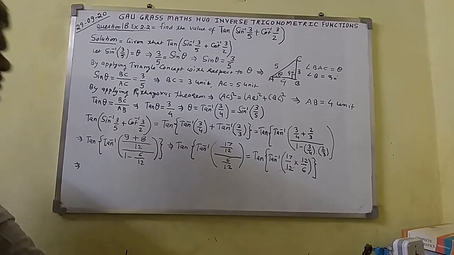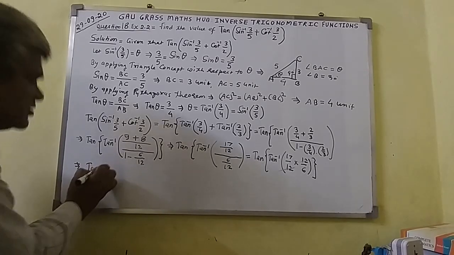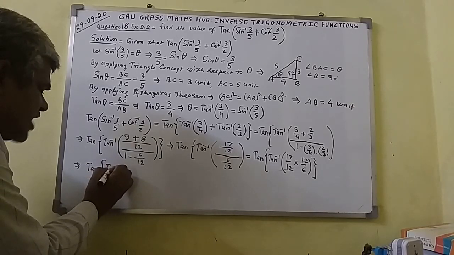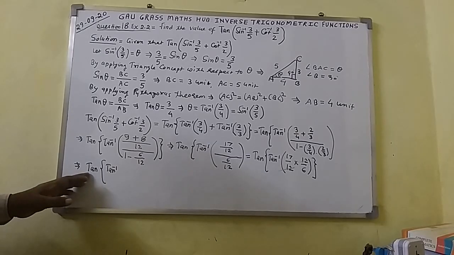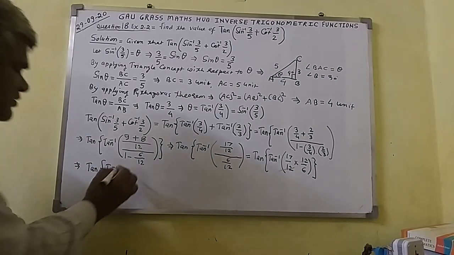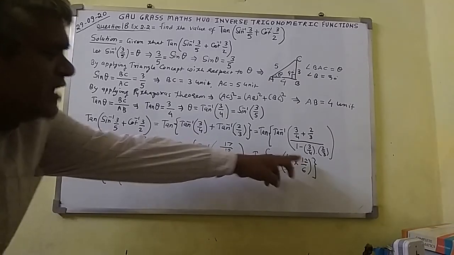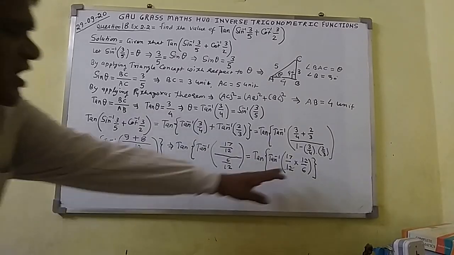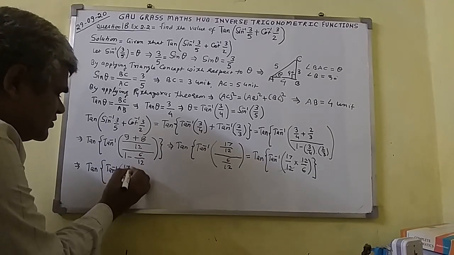Implied that tan, open curly bracket, tan inverse, 17 will multiply by 1, comes out to 17, and 1 will multiply by 6, you will get over 6.